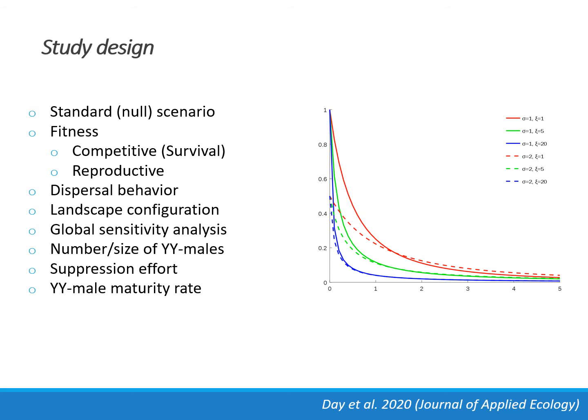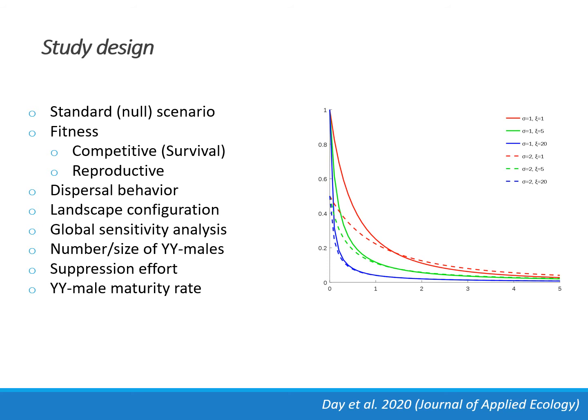So fitness, in terms of competitive fitness and survival and reproductive fitness; dispersal behavior, how far and how often YYs disperse from their release location; landscape configuration, where on the landscape does a population occur, does that have any impact; the number and size of YY males outplanted; how much effort, how often are you going out suppressing, and what's the mortality rate associated with that suppression; and then the maturation level of the YY fish once they are outplanted.